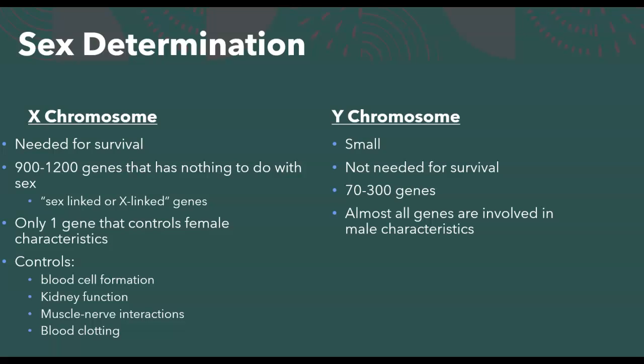So there are no genes on the Y chromosome that are needed to survive, and that should make sense if you think about it, because a female is going to have an XX and they can survive just fine, even though they don't have the Y chromosome. So there's no genes needed on the Y chromosome to actually help it survive.